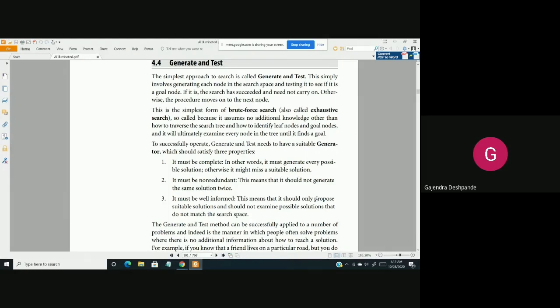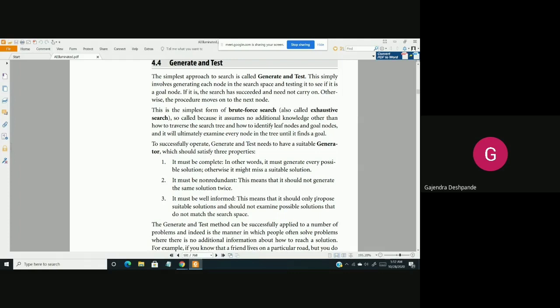It must be well informed. This means that it should only propose suitable solutions and should not examine possible solutions that do not match the search space. I don't want irrelevant solutions, I want only possible solutions.